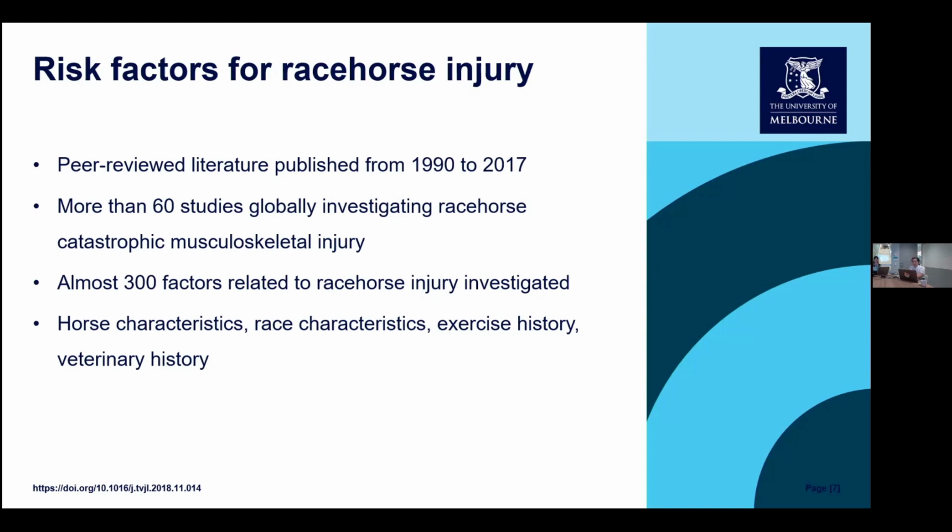We delved deeper into those key factors that were significant in univariable or multivariable analysis in at least 2 studies, and found that almost 300 factors related to racehorse injury had been investigated in the past. So a huge number.